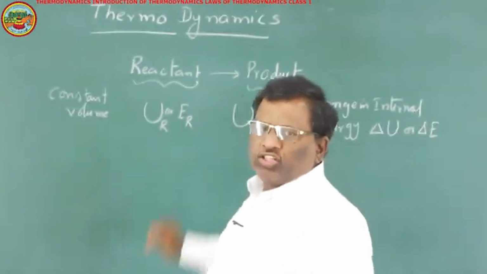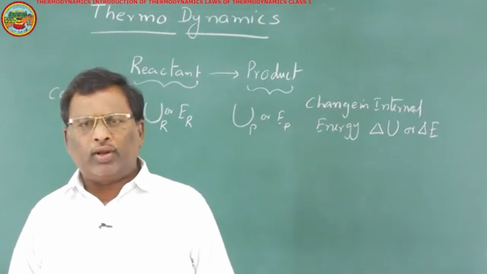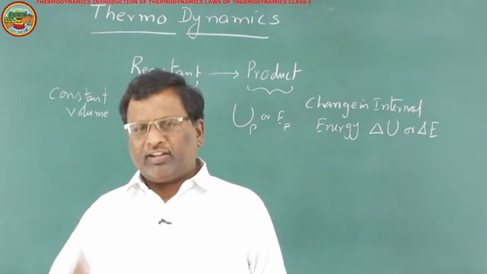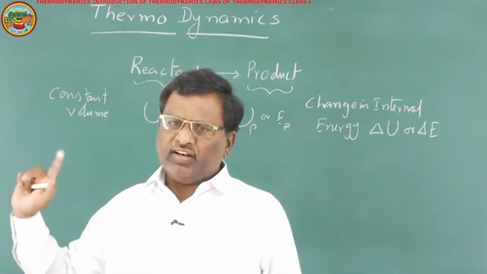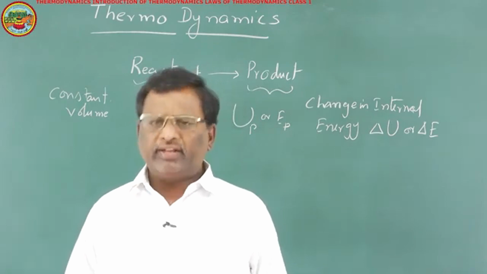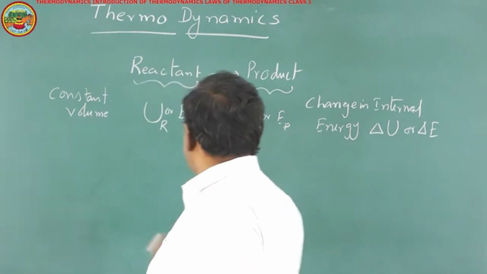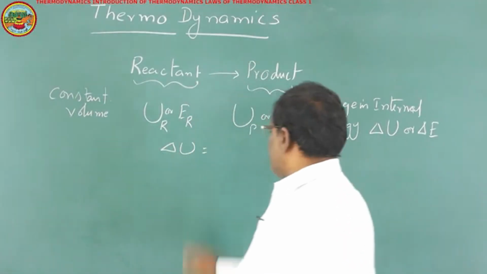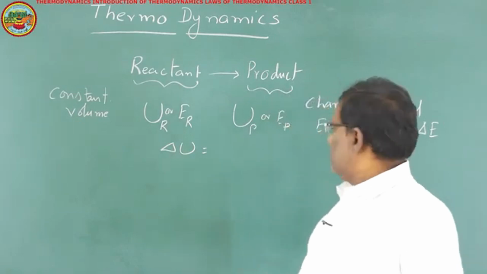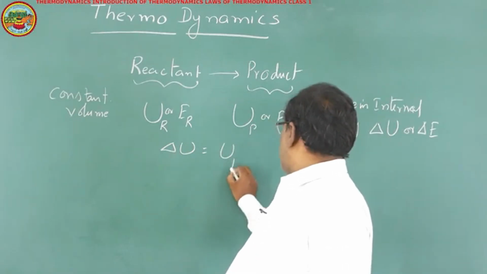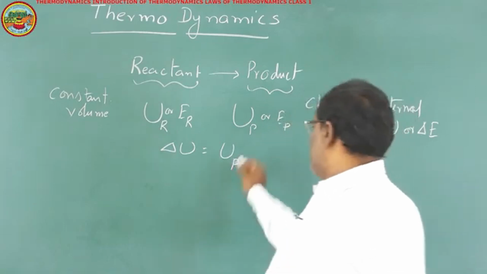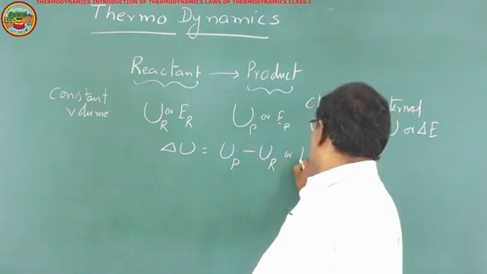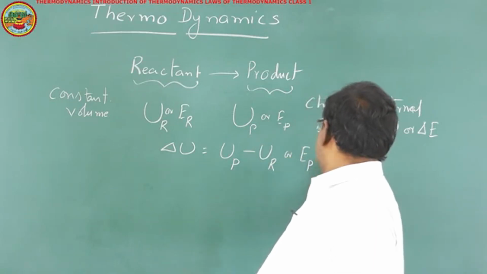These exact amounts of the internal energies of reactants and products cannot be determined accurately. But when the change occurs, the difference of those internal energies can be determined. That change is denoted with delta U. By convention, delta U is nothing but the internal energy of the products in the final stage minus the internal energy of the reactants, that means EP minus ER.